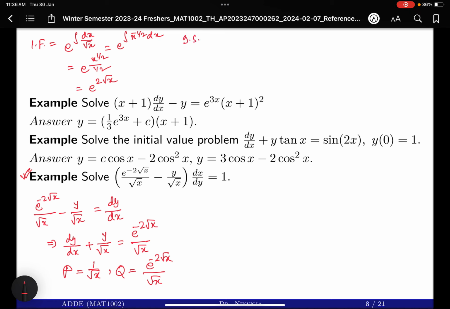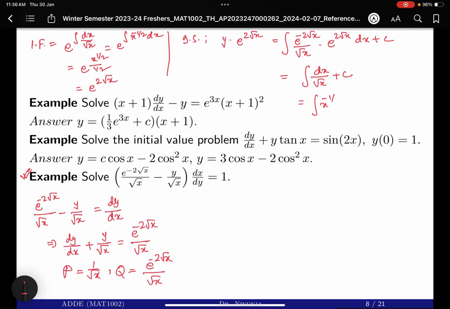So the general solution is given by y into e power 2 root x. Here q means e power minus 2 root x by root x multiplied with the integrating factor, dx plus c. So here you will be getting the integral of e power minus 2 root x times e power plus 2 root x, so ultimately you will be getting only dx by root x plus c.